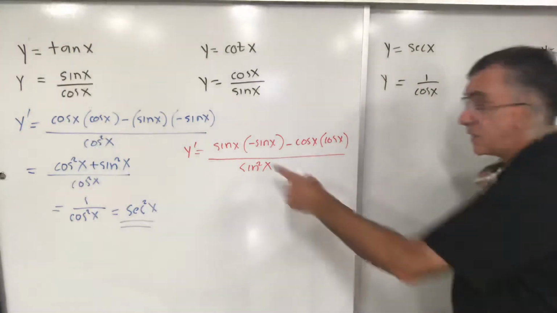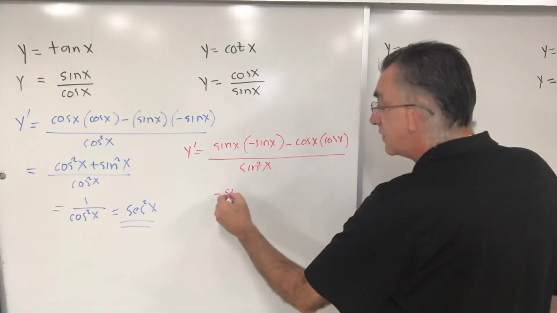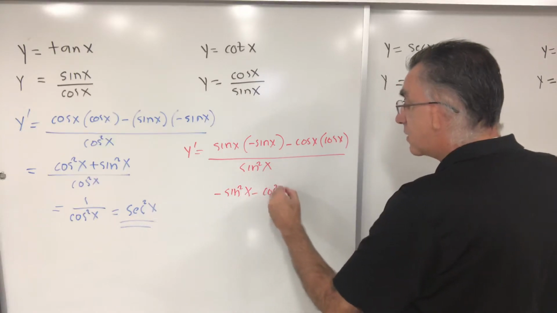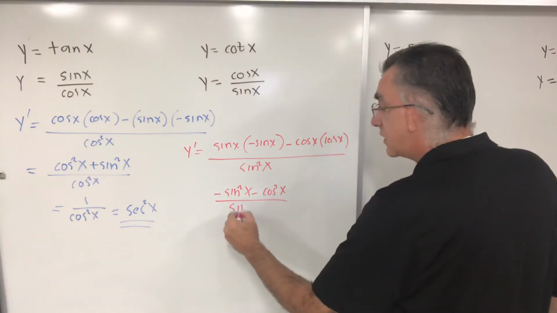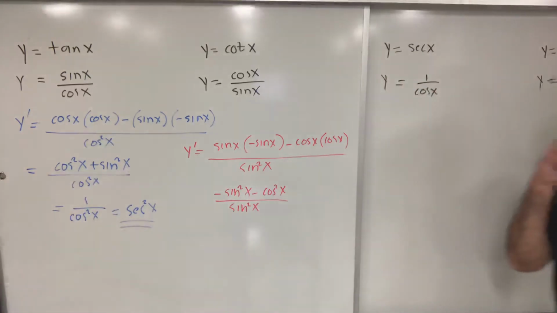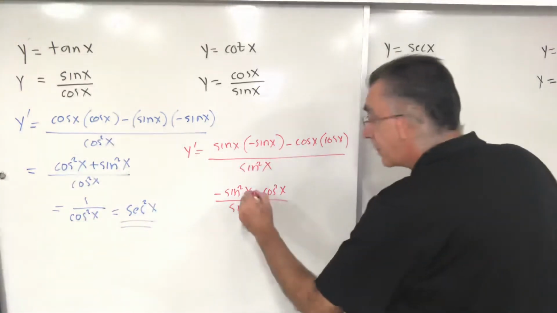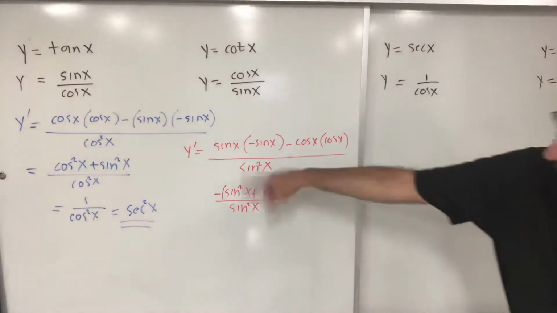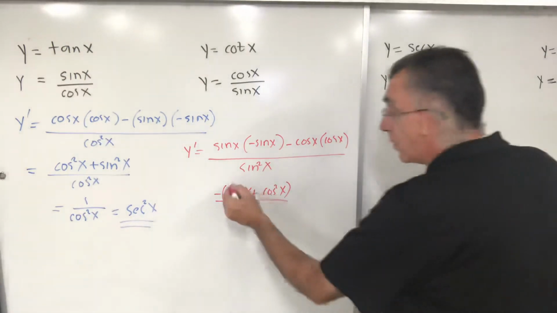Now here, you're going to get negative sine squared, negative cosine squared over sine squared. What you're going to have to do is factor that negative out. So I factor the negative out. And of course, then I still get my 1.